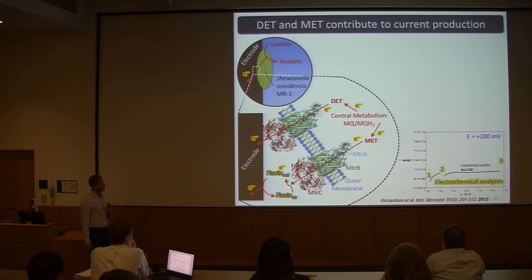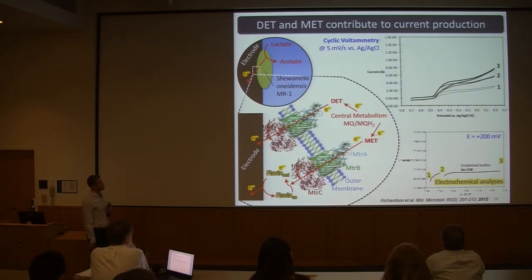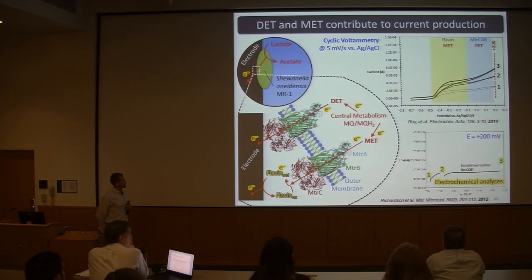So this is just a reminder of the current output I was showing. And at these 3 points, I interrogated it electrochemically and did cyclic voltammetry. So as you would expect, the current increases from here to here to here, and indeed we see current increase from 1 to 2 to 3 as well. And these are all poised at 200 millivolts, which is what I showed earlier in the energy landscape diagram.